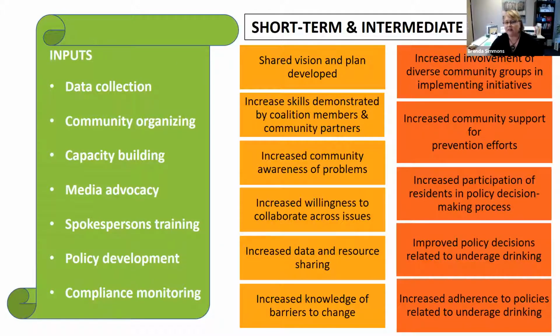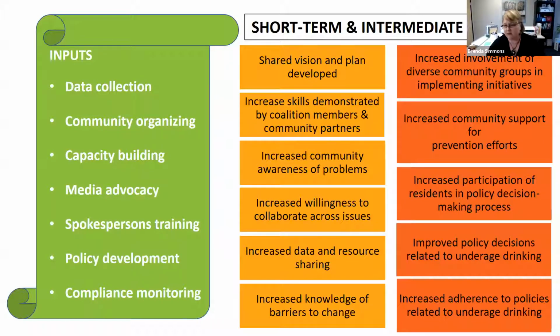And not only that, the dosage of the inputs is critical. Because if you're only bringing 5 people together to create a vision and a plan, and you don't have a lot of diversity at the table, it's probably going to be really difficult to increase community support for prevention efforts, or increase community awareness of the problem, or maybe it's apathy that you're trying to overcome.